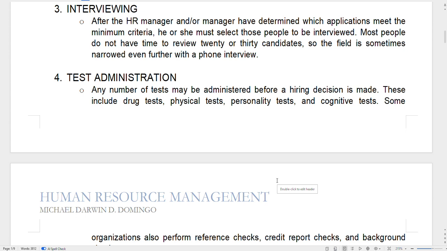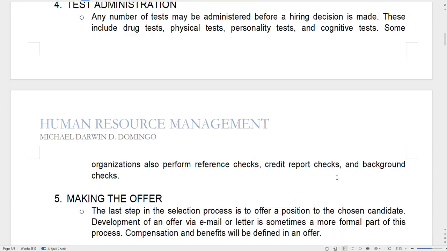So, ibig sabihin, dito sa part number 4, test administration, all kinds of tests will be administered. Okay? Sabi nga, some organizations perform reference check as well and credit reports. So, depende naman yan. Pero sa atin, wala namang masyadong ganun.